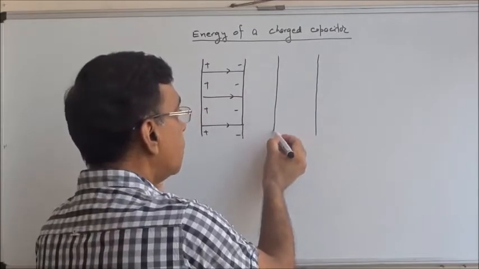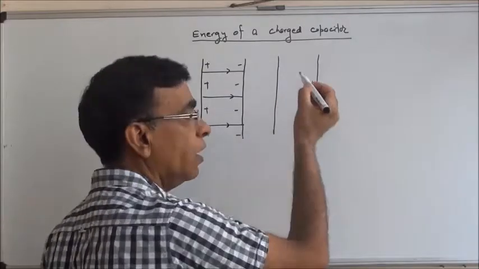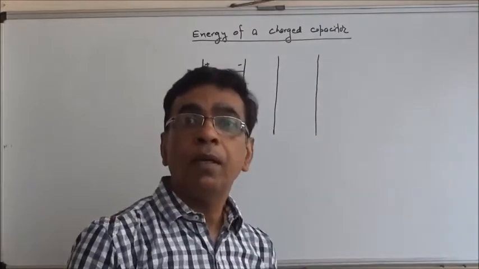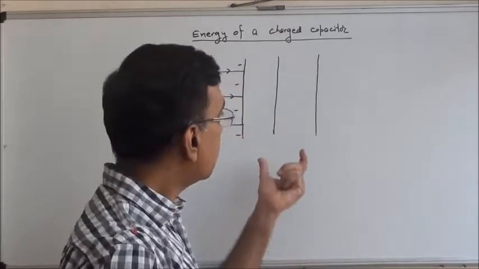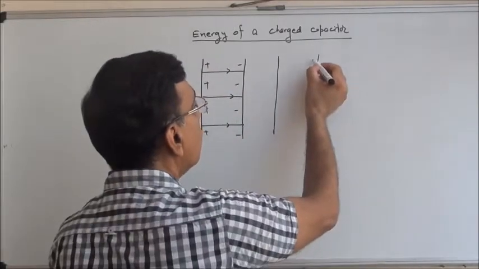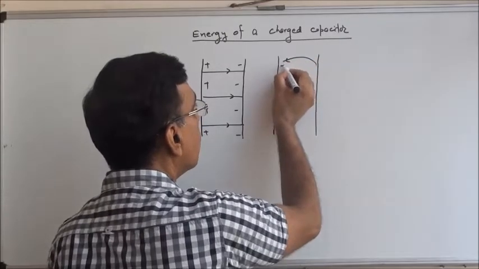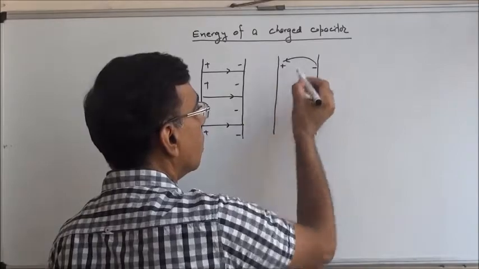Positive charge keeps on increasing on one plate and negative on the other. So I may take this charging of the capacitor as a process in which positive charge is transferred from this plate to this plate. So one positive will come here, one negative will come here.